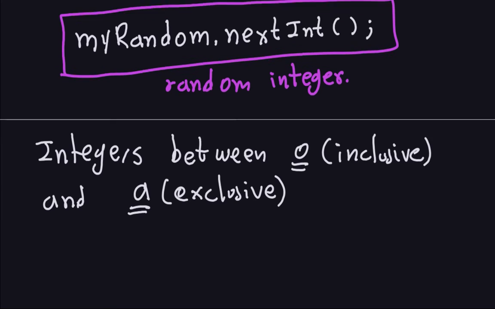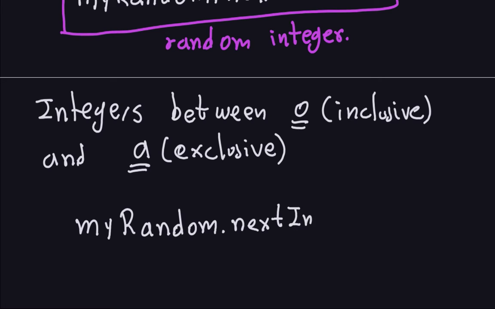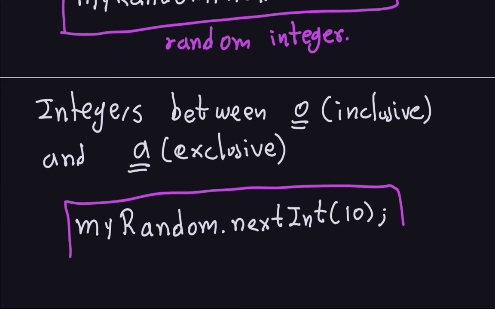So for example, if I write my random dot next int, and I say 10 and put it inside the parenthesis, what that's gonna do is create a random integer between 0 and 9, because it's between 0 and 10 exclusive of 10. So that's gonna generate a random number between 0 and 10 in that case.